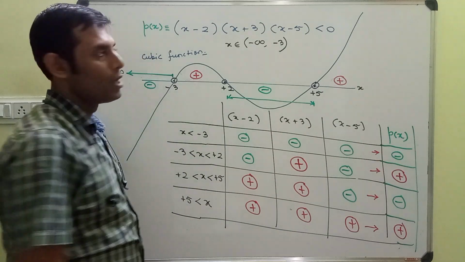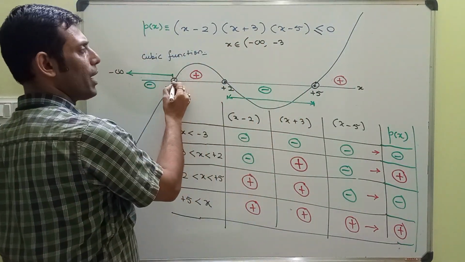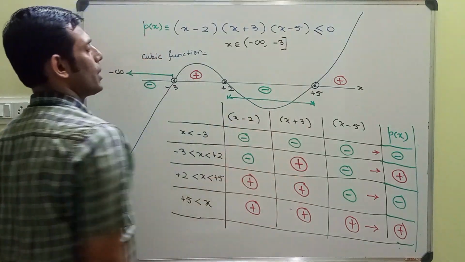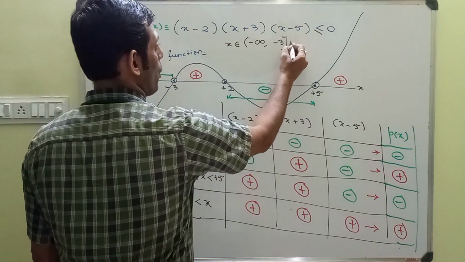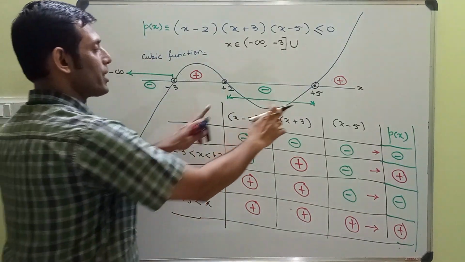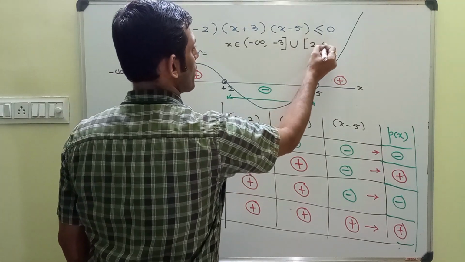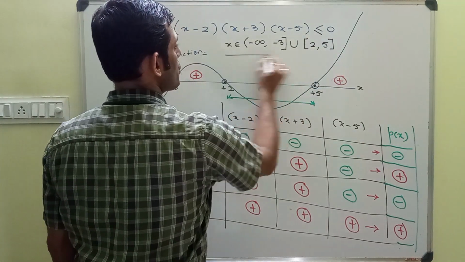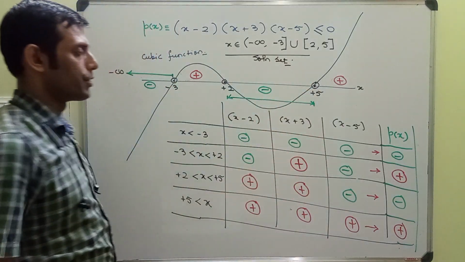So let's make this equal to, that means let's allow minus 3, and this becomes a closed interval. And along with that, union another set: 2 closed, 5 closed, both closed. This is the solution set of this inequality.